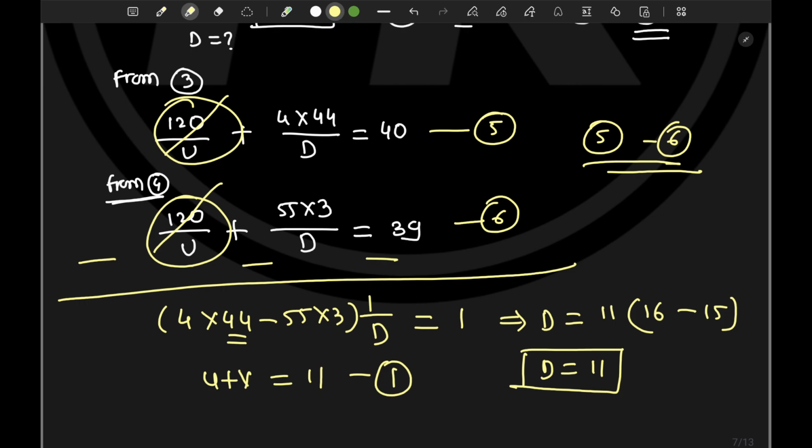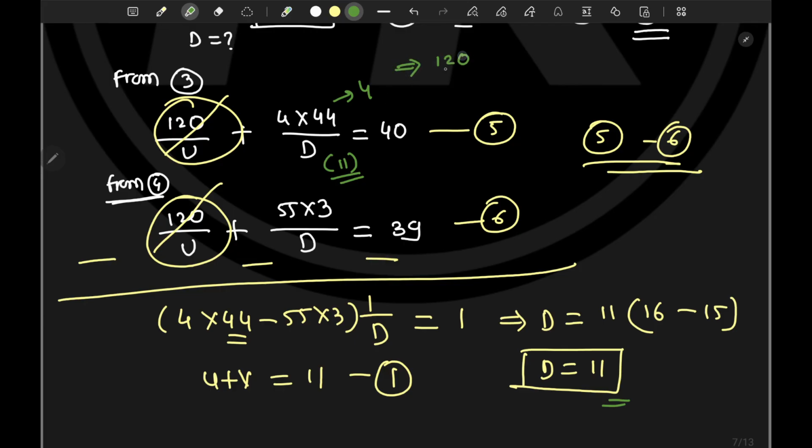So let us say in equation number 3, I'm putting that. This d is 11, so I'll put it as 11 here. 11 4s are 44, I can write that. So I'll just rewrite equation number 3.